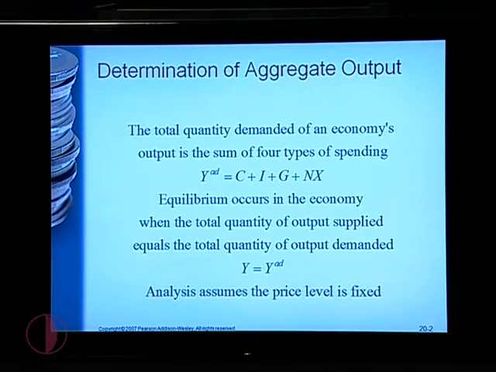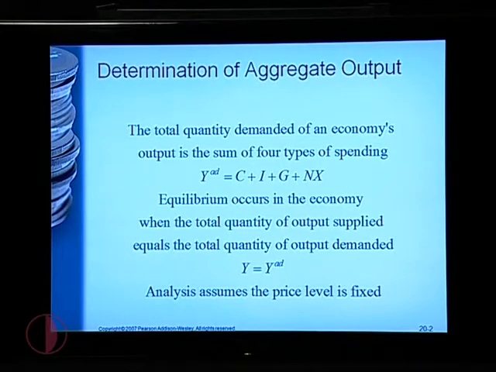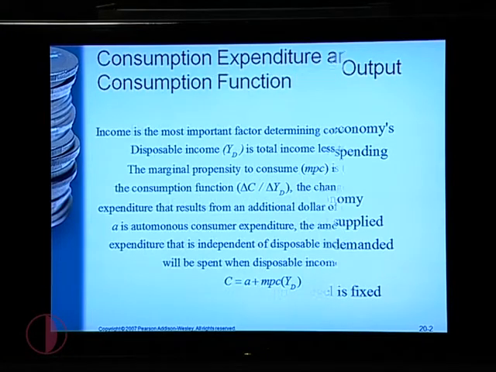That is, aggregate demand equals consumption spending, investment spending, government spending, and net exports, which is exports minus imports. Equilibrium in an economy is attained where the quantity of output supplied equals the quantity of output demanded. But the analysis assumes the price level is fixed in the economy.